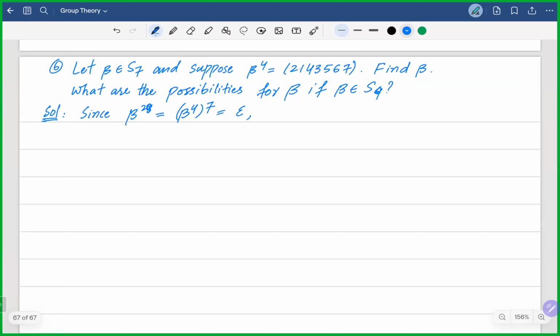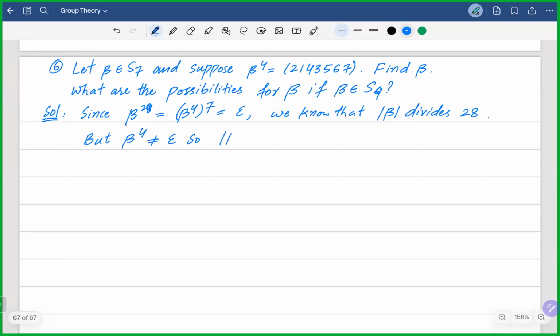Okay, and we know that the order of beta divides 28, but beta power 4 is not itself the identity.